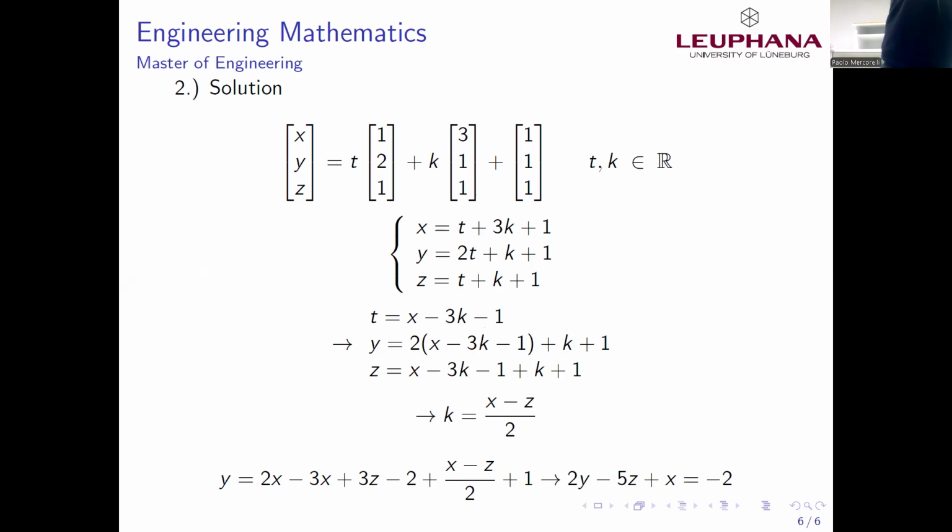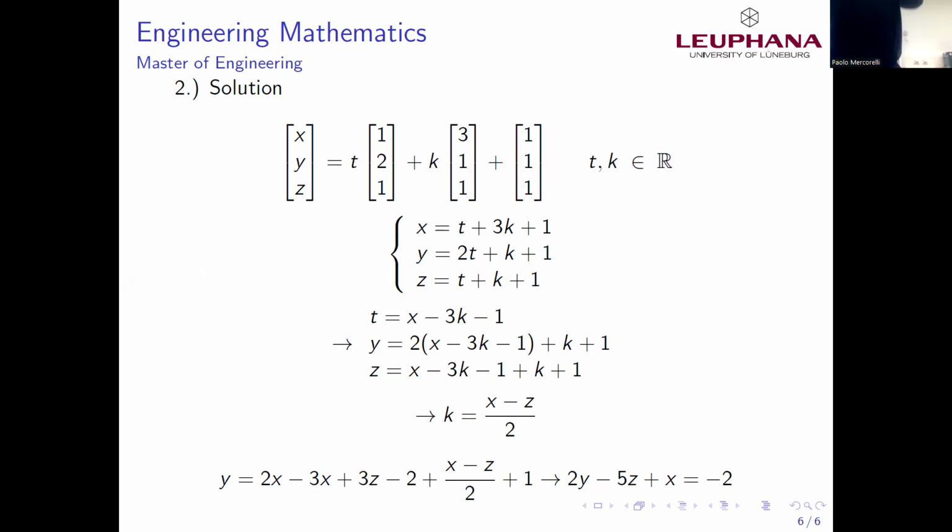In any case, I have to have an expression free from the parameters t and k, because t and k are parameters which of course help to define the plane, but the plane is characterized just by x, y, z. It's a set of points characterized by x, y, z.